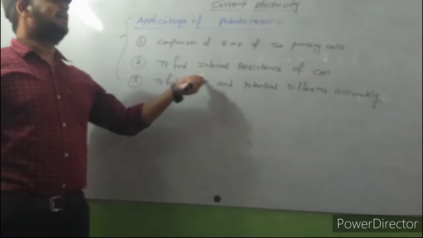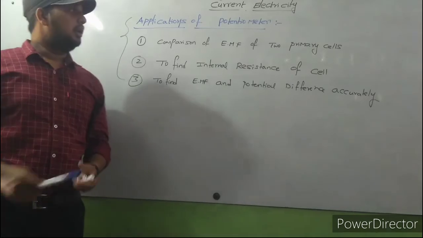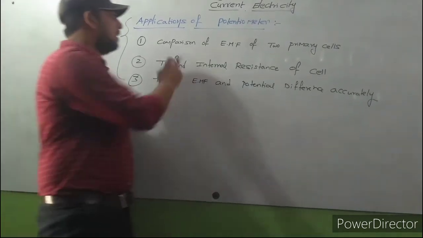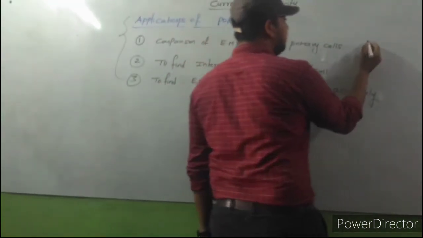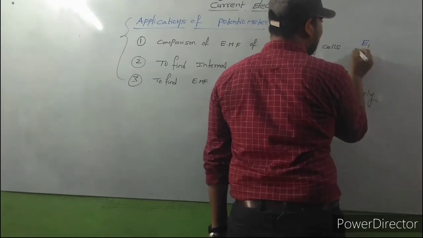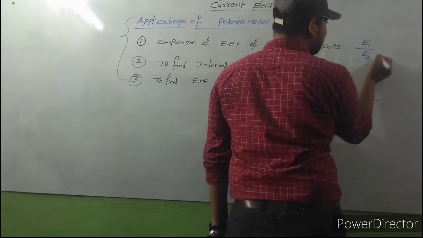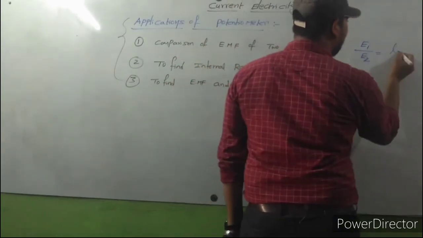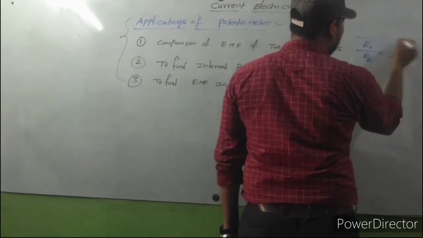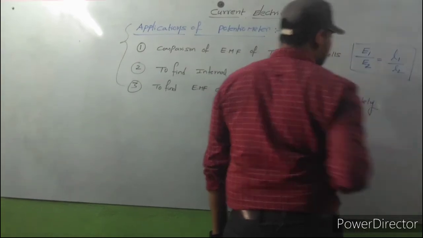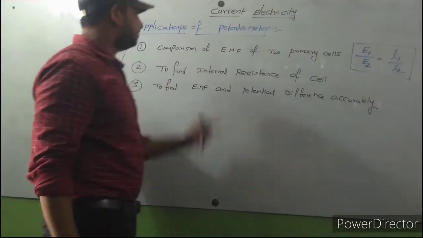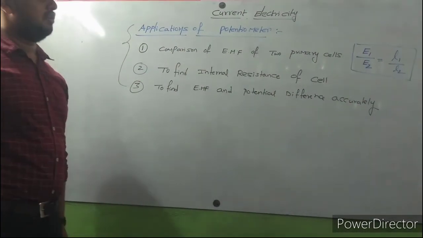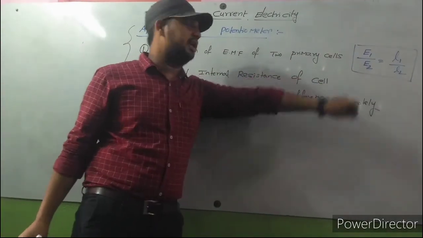Next, to find the internal resistance of the cell. Comparison of EMF of two cells means, for example, if one cell has EMF E1 and the second cell has EMF E2, then E1 by E2 is equal to L1 by L2. This is the formula, and we will derive it in this application.